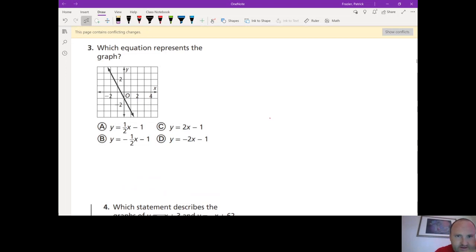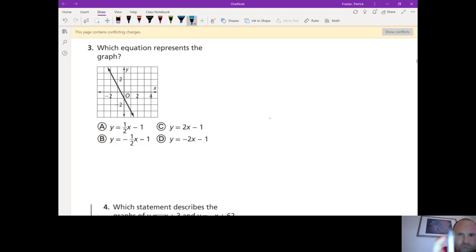Now notice the line is going in this direction as opposed to in this direction.